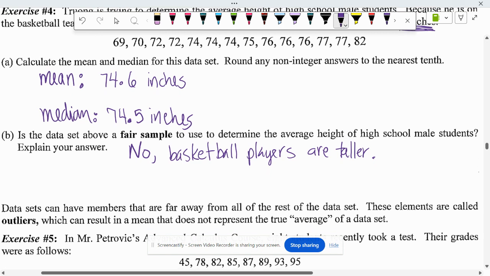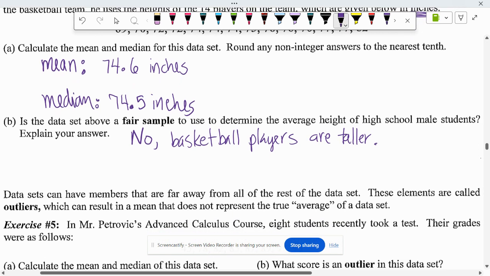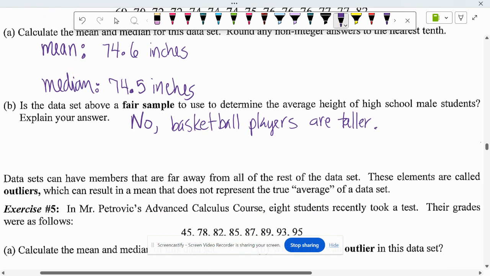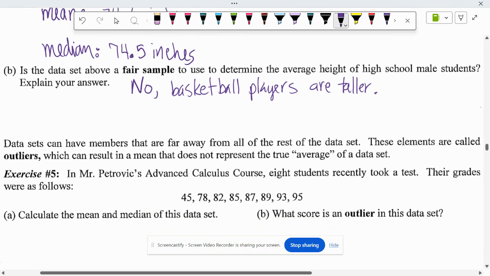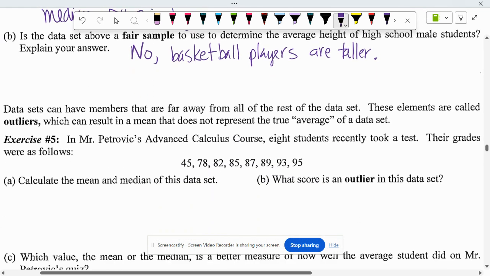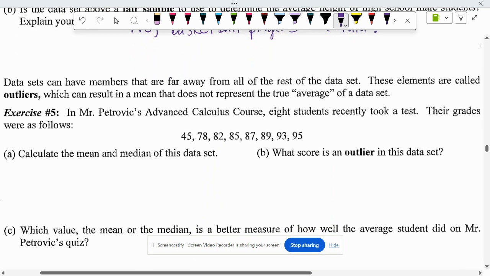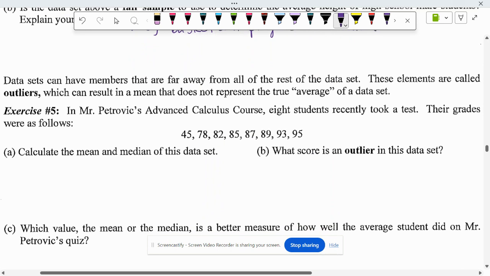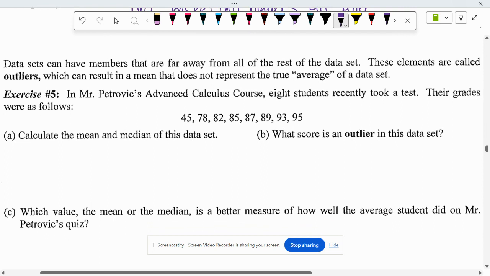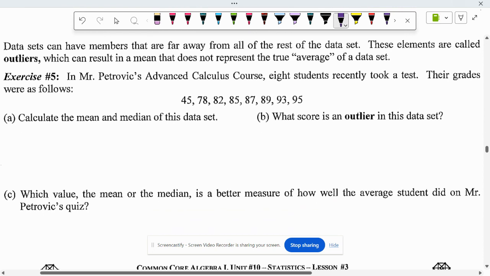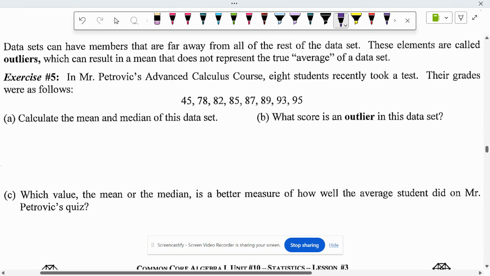Okay. Last question that we have, number 5, Mr. Petrovic's advanced calculus course has 8 students who recently took a test, and their grades are as follows. We have to calculate the mean and the median, and then we have to determine what is an outlier, and we're going to prove it using how we know how to calculate outliers. So the mean is going to be calculated from Matthew.